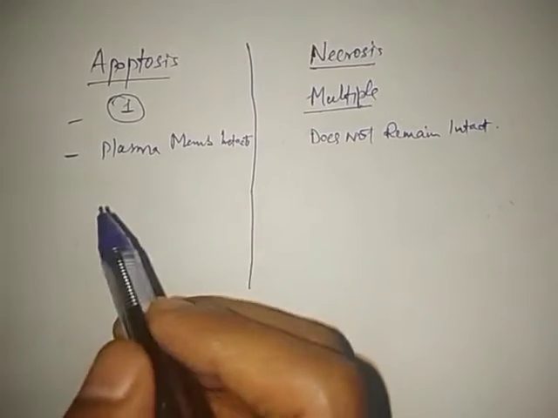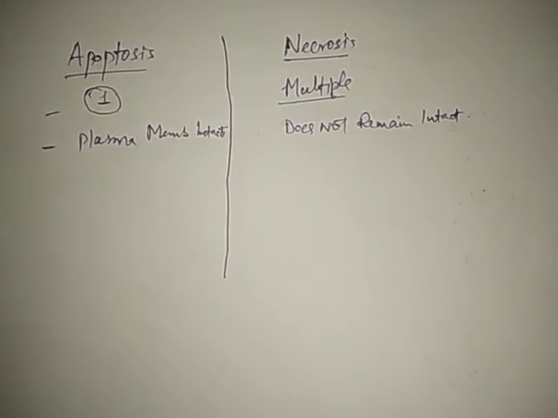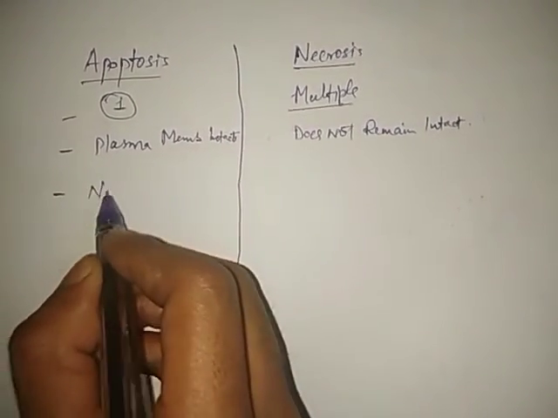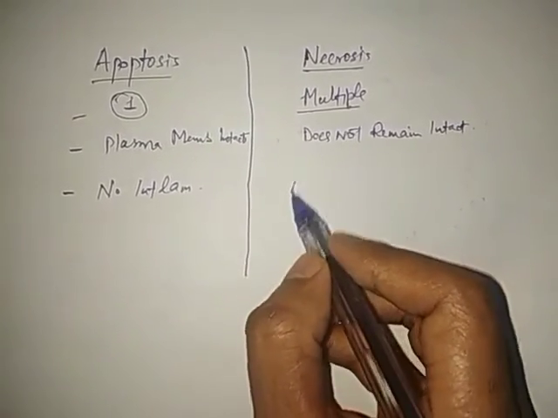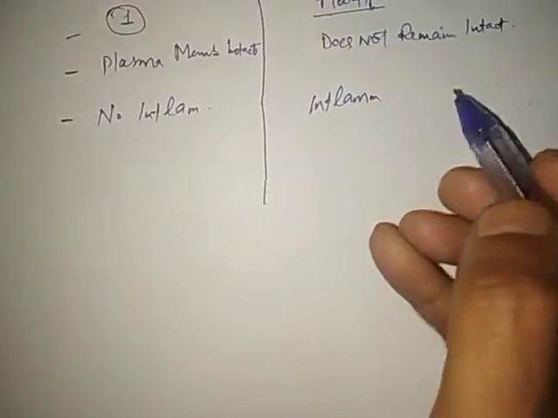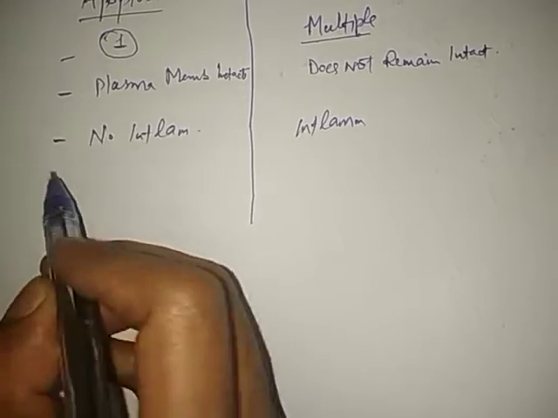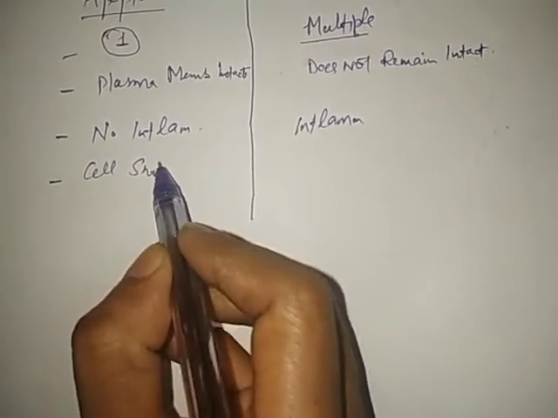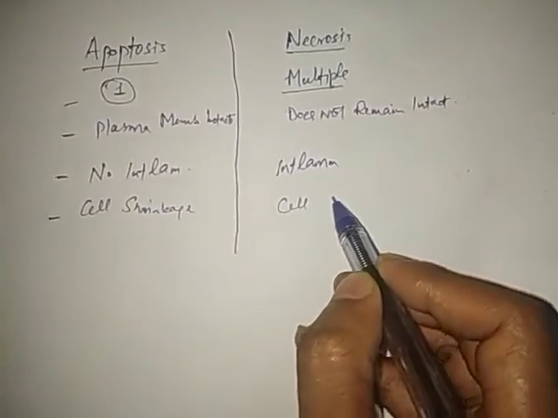Another thing is that in apoptosis there is no inflammation, while in necrosis there is inflammation of the surrounding tissue. Another thing is that in apoptosis there is cell shrinkage, while in necrosis there is cell swelling.